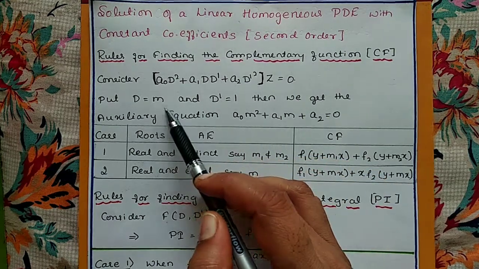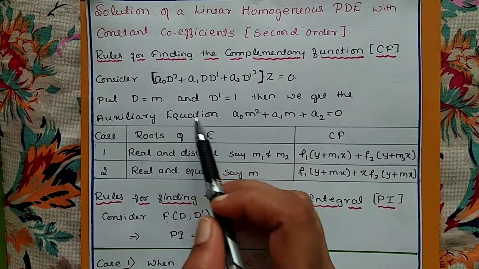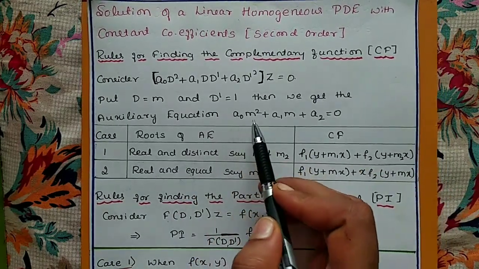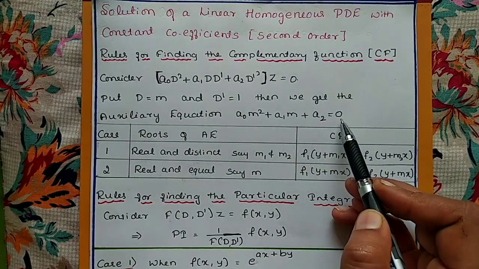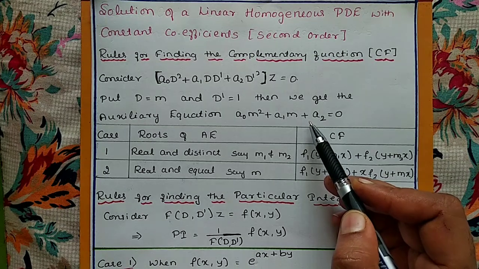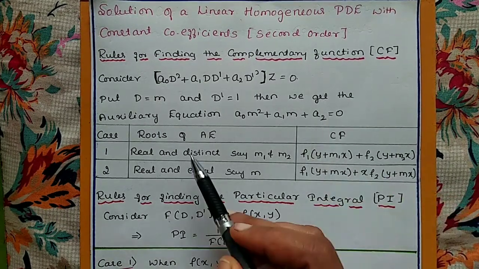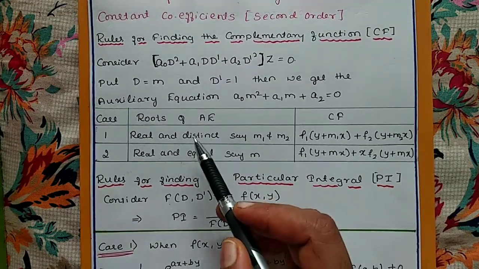Put D = m and D' = 1. Then we get the auxiliary equation A naught m² + A1 m + A2 = 0. Then solve the auxiliary equation, and we will get the roots.